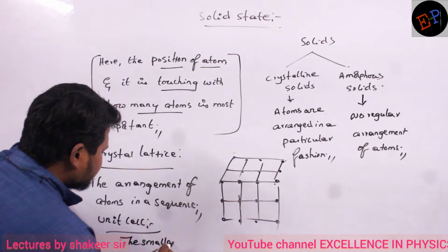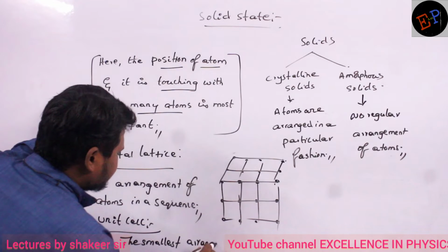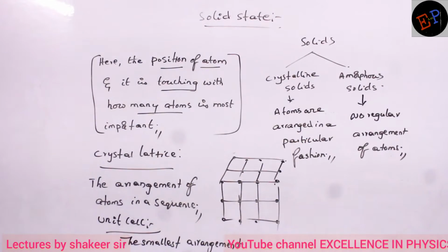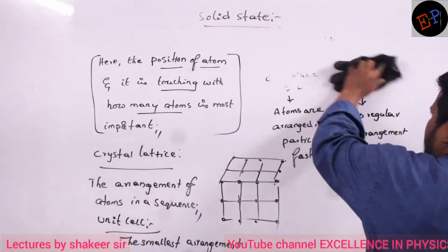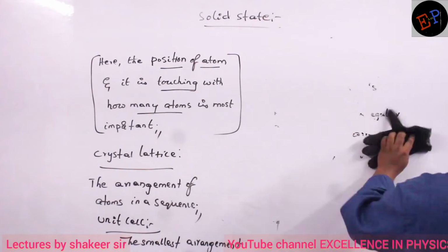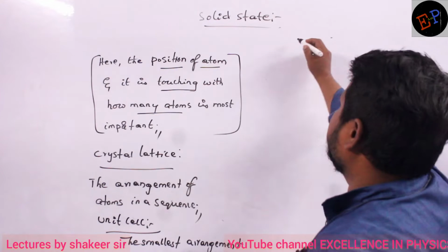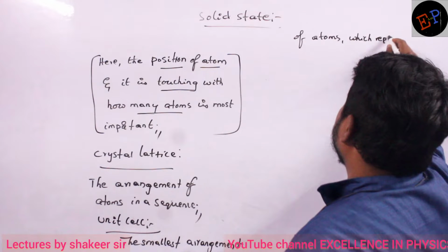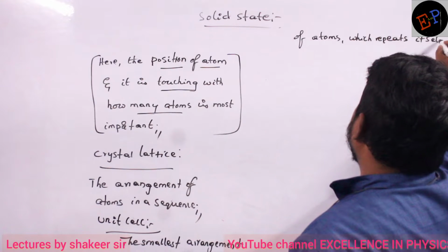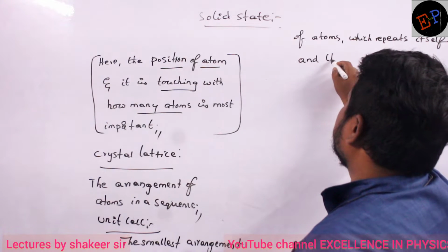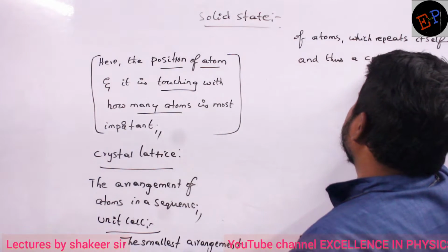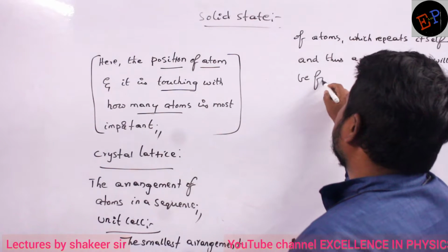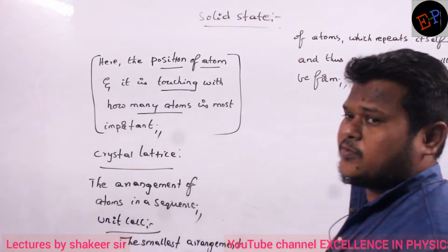The smallest arrangement of atoms which repeats itself, and thus a crystal lattice will be formed. That type of arrangement is called a unit cell.